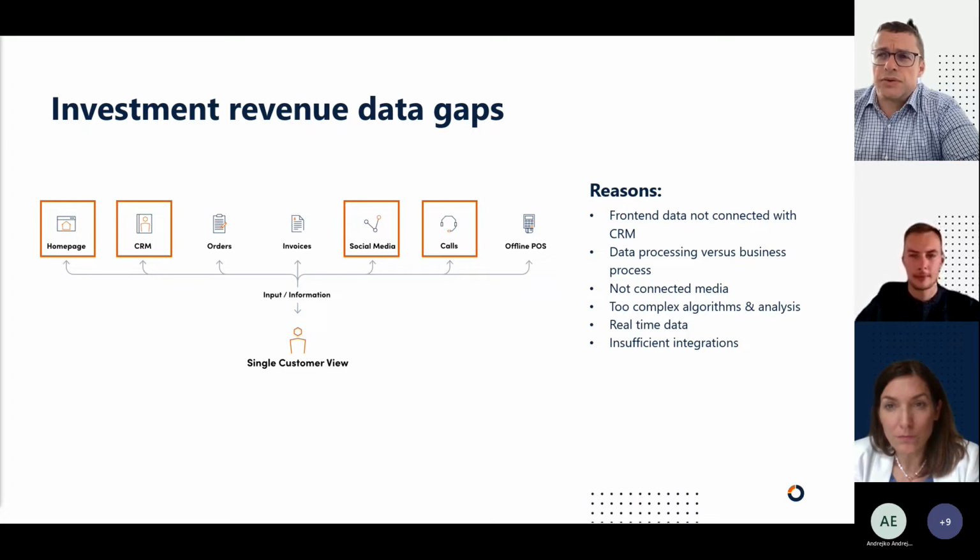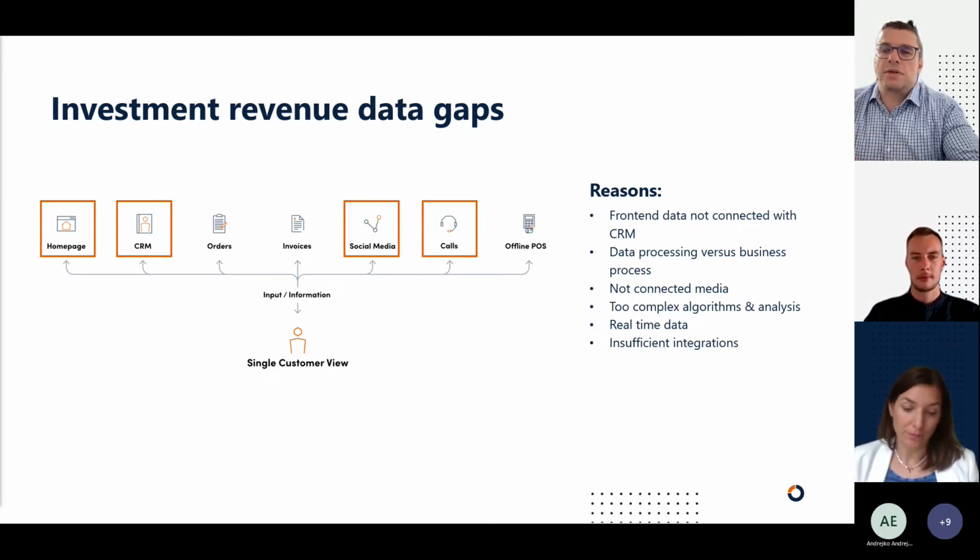Then usually it's data from your front end not aligned with, for instance, your call center. And that's really critical because it gives you sales signals from the front end that the client wants to invest some amount of money, or he brought some URLs. And it's also really critical to have an up-to-date CRM.